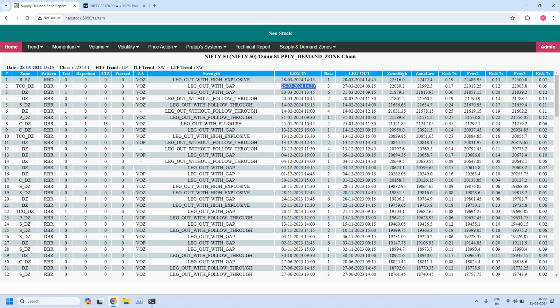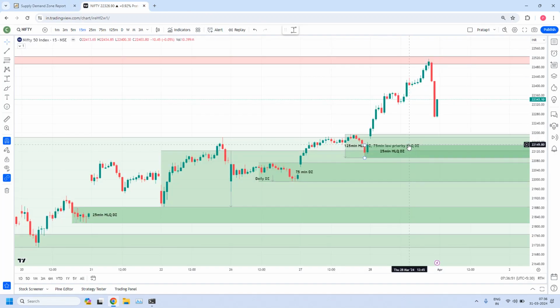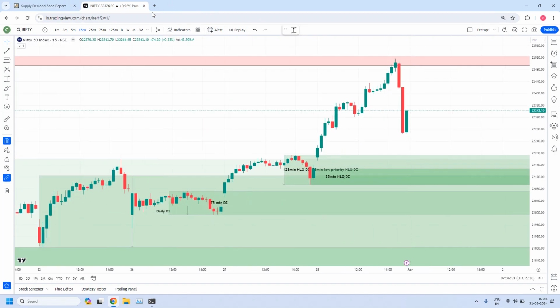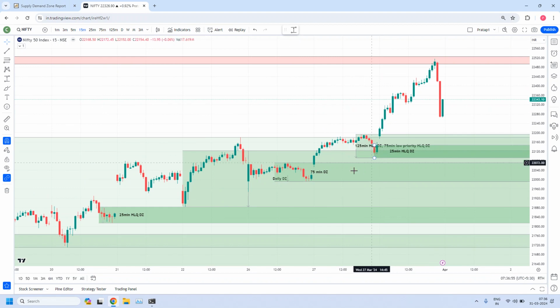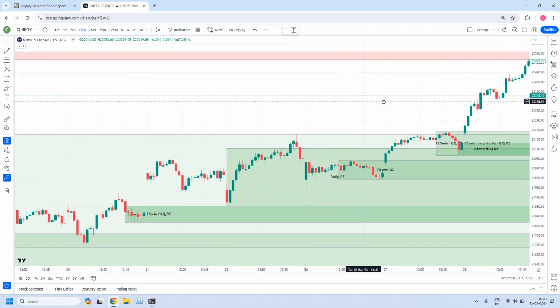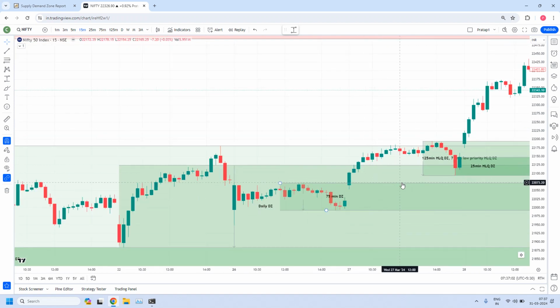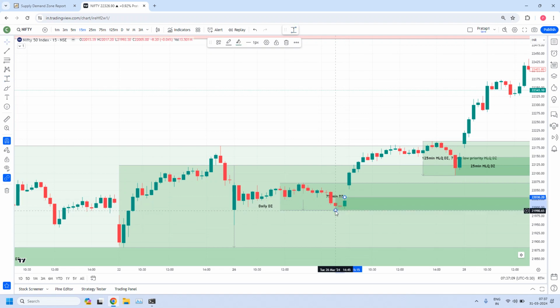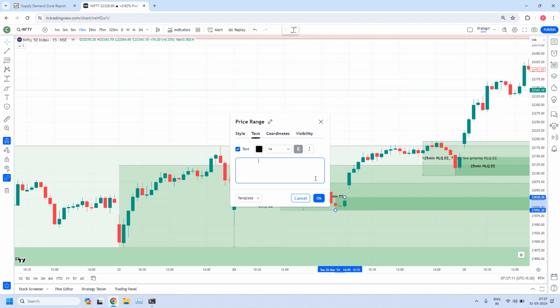So the immediately available demand zone is 26th March 14:30, 3 base candles. This is the one. This is a high liquidity demand zone.